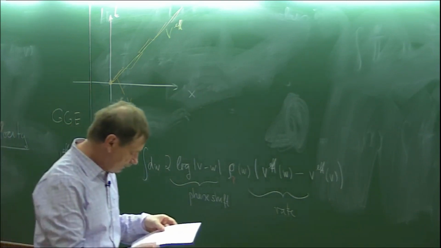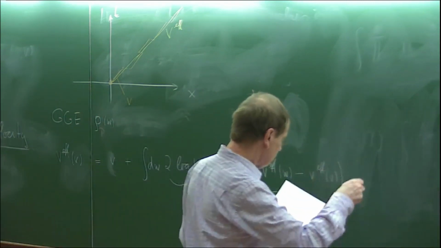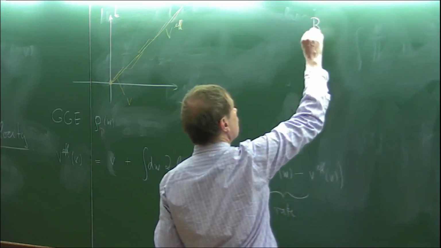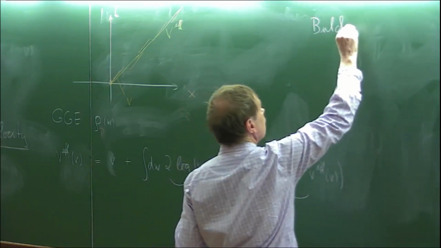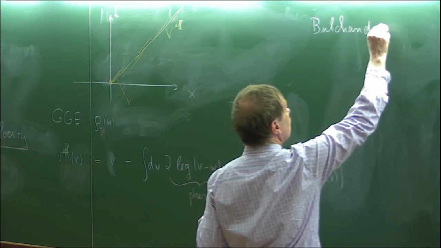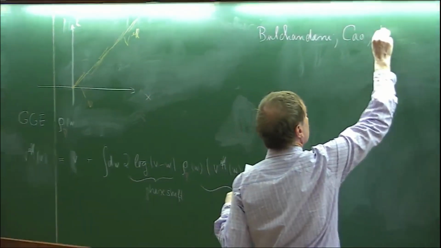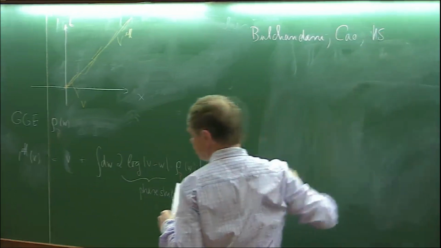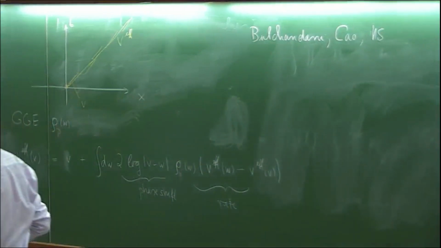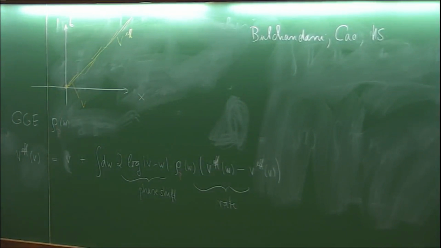In fact, we wrote a recent paper where I was always worried about this formula, and I said, well, for the Toda lattice everything is so explicit, so why don't we just check the formula numerically, right?